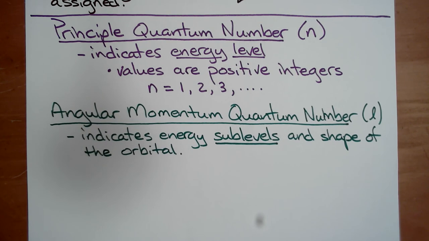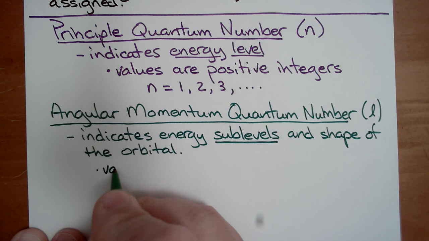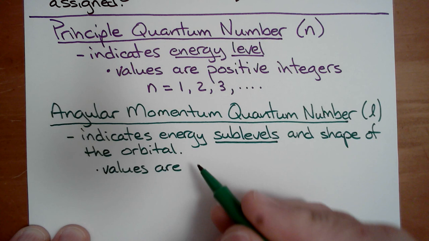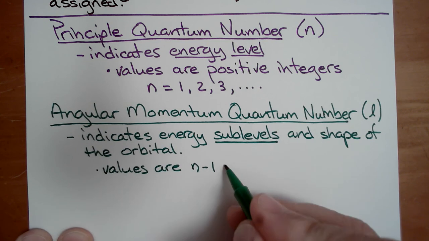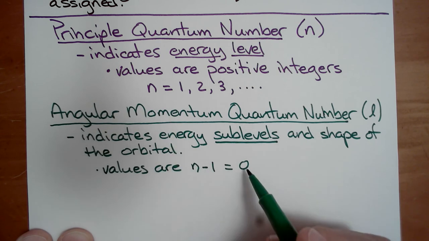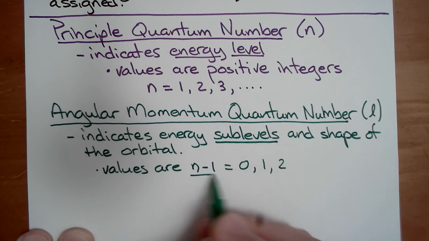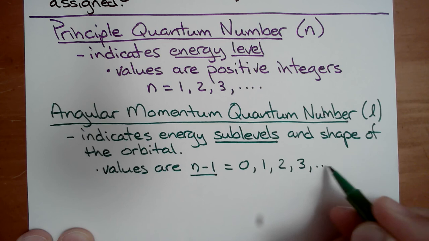And the values are n-1. Or you can say that equals 0, because if you're on the first energy level, n-1 is 0. Then 1, 2, and so on.